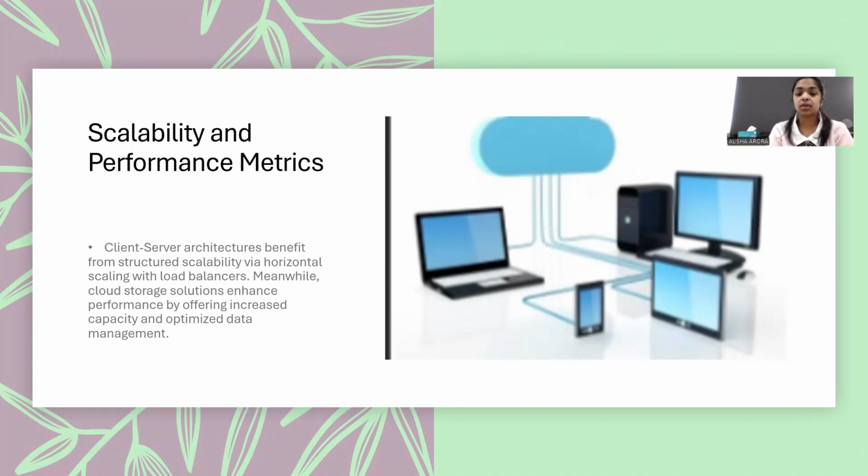They can be expanded horizontally by adding more servers and using load balancers to distribute the workload evenly, so that every member gets equal work distributed. This allows for consistent user growth. Additionally, the use of cloud-based storage and services enhances performance by ensuring quick data access, backups, and redundancy.